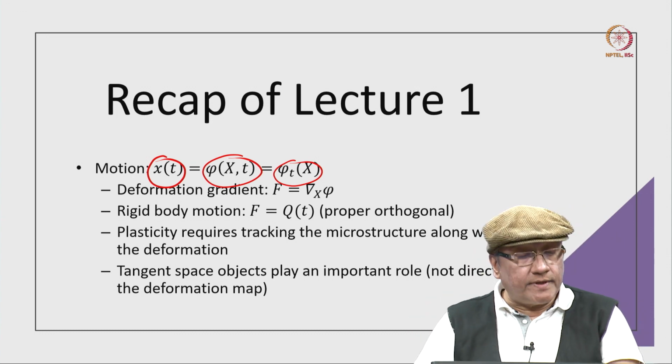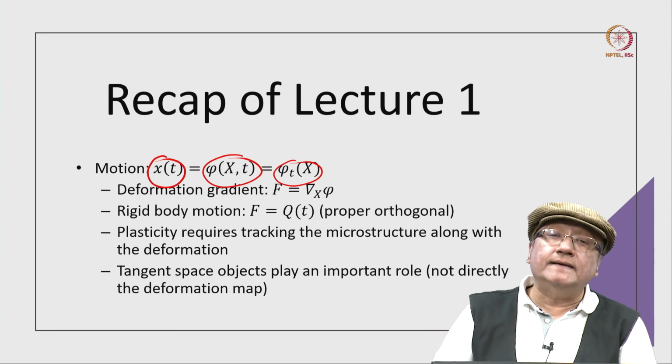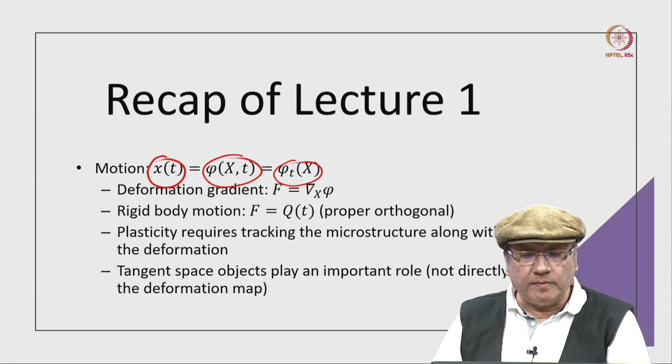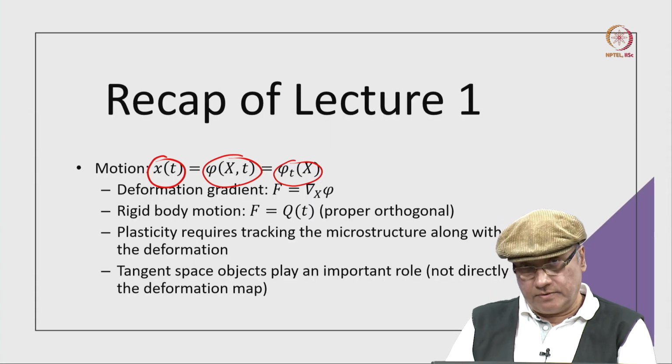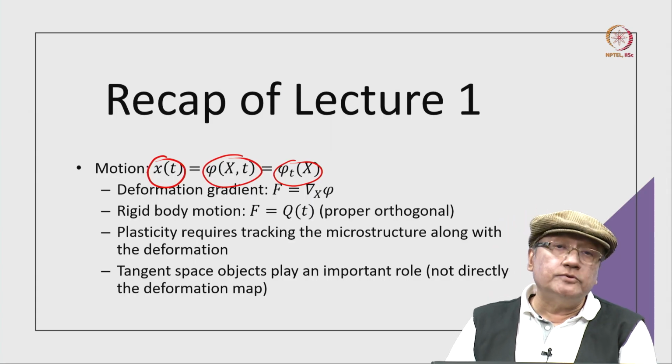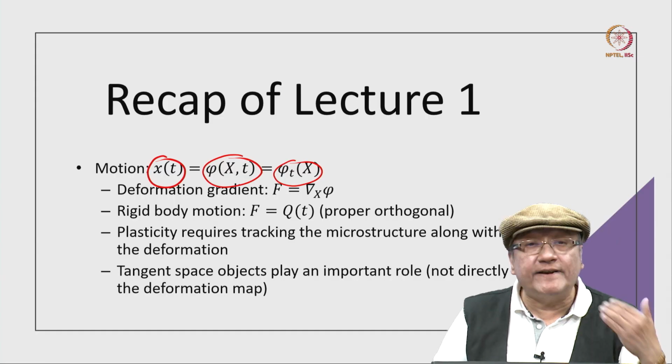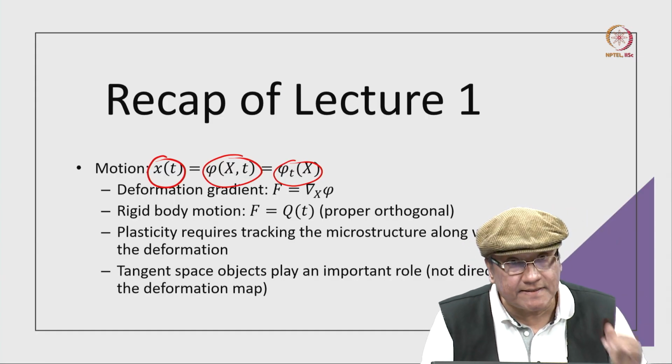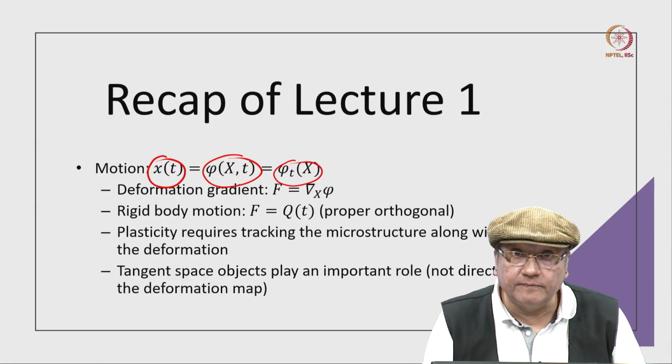Also recall that plasticity, unlike elasticity, requires the tracking of the microstructure along with the deformation. Without that we won't be able to model plasticity, because it is the defect microstructure that is essentially responsible for plastic deformation.